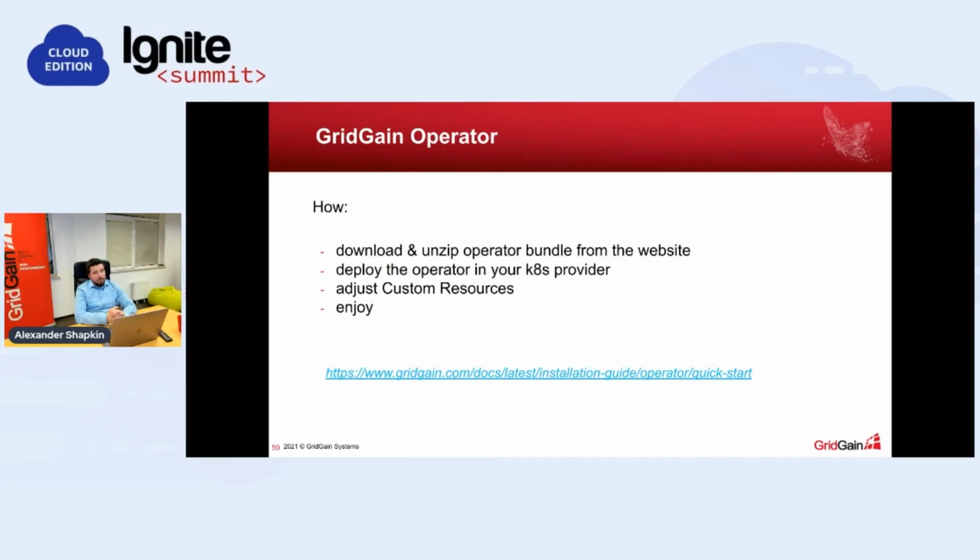You need to start by downloading and unzipping the operator bundle from the GridGain website and deploy it in your cloud provider. Then create or adjust custom resources and have fun. There is a quick start guide available, so I suggest you follow the official documentation.